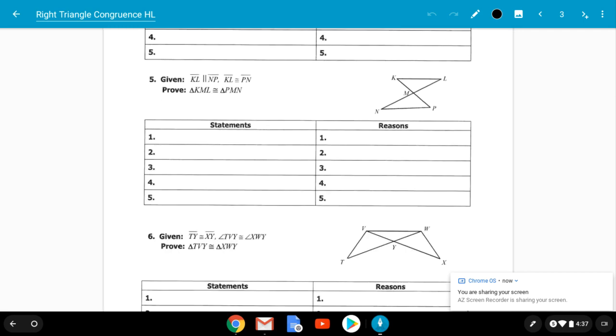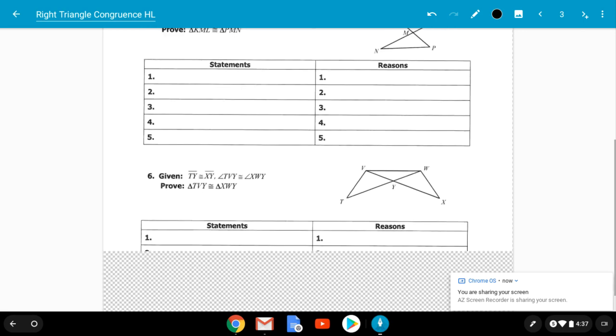Hopefully you remember what these symbols mean. If you don't, they mean parallel. So it says line segment KL is parallel to line segment NP, and then something else about those lines too. So you might have to think back to the last chapter when we did all the corresponding angles, alternate interior angles business in order to help you there.